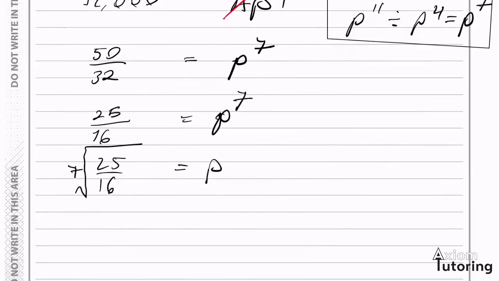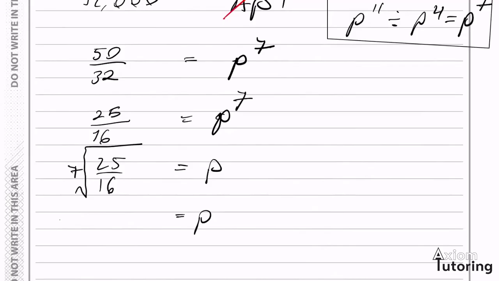As I am doing, that should give you... let me just correct that. 7th root of 25 over 16. Oh, no, I made a mistake.